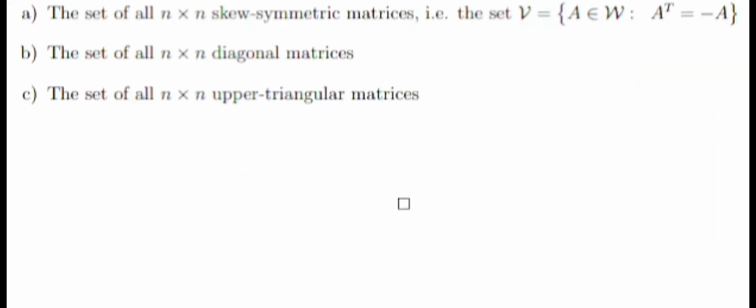So for the set of all n times n skew symmetric matrices, i.e. the set V equals the set of A in M_n, basically what you need to know is that M_n means the set of all n by n matrices. So let's pull out the pencil.